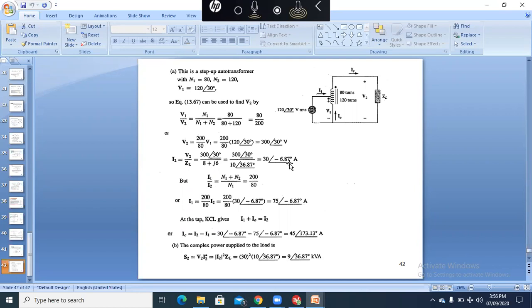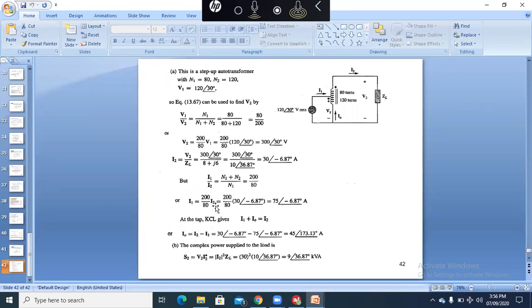Now we calculate the value of I1 when we know the value of I2. Again, we use the relationship I1 by I2 is equal to N1 plus N2 by N1, and that is 200 by 80. Now I1 is 200 by 80 times I2.